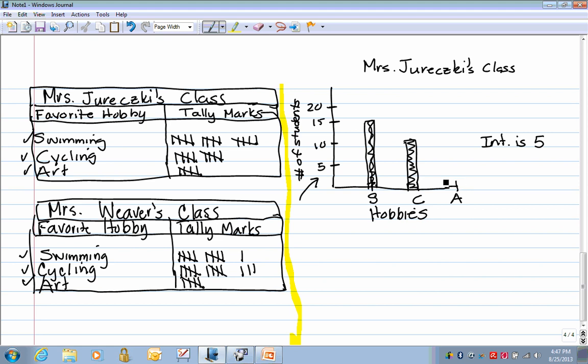And for art it is 5, so I come up 5, I go over and draw my bar. And right away you can look at your bar graph and see that swimming was chosen as the favorite hobby. Let's go and create Miss Weaver's class.